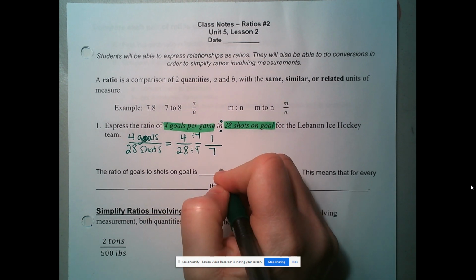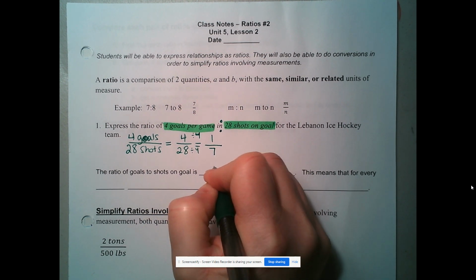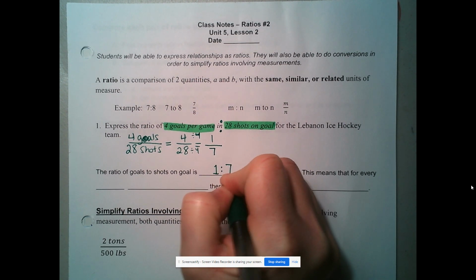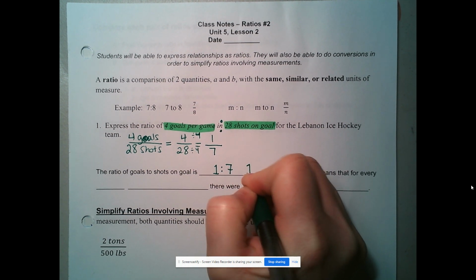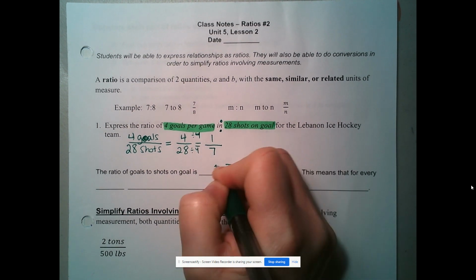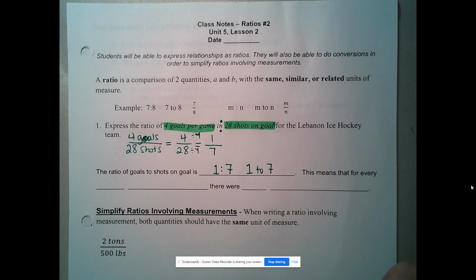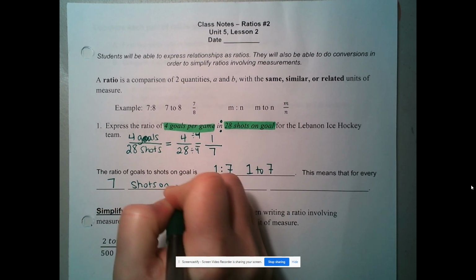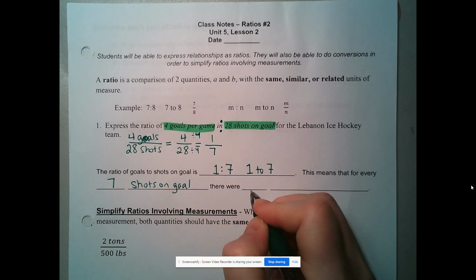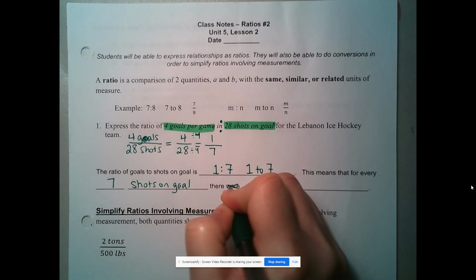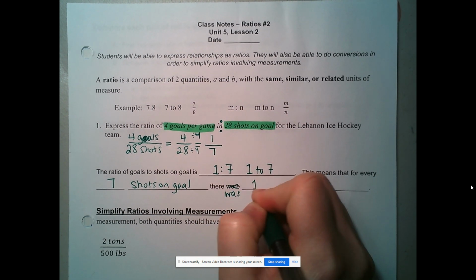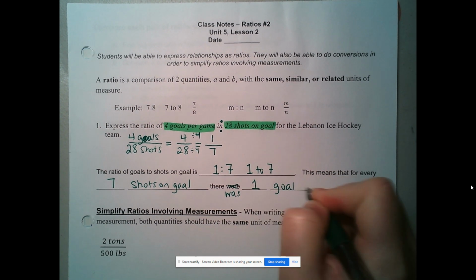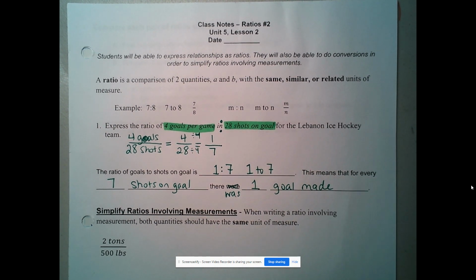So we can say the ratio of shots to goals is 7 to 1, or we can say 1 to 7, either of those. And that means for every 7 shots on goal, there was 1 goal made. All right.